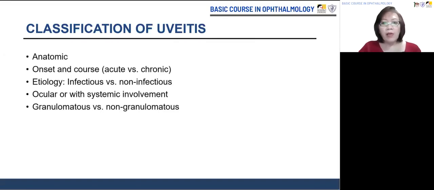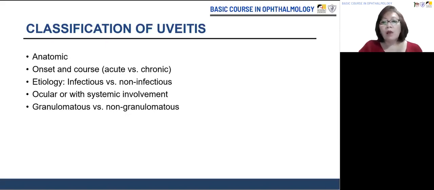Uveitis is primarily classified according to the anatomical parts of the eye affected by the disease and its underlying etiology, whether infectious or non-infectious. They are also categorized based on the onset and course of the inflammation. It can be further classified based on whether or not the condition involves the eye alone or if there is systemic association.